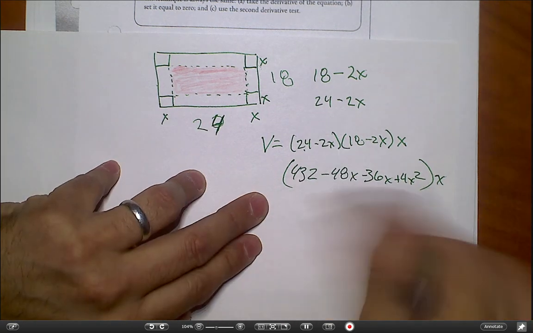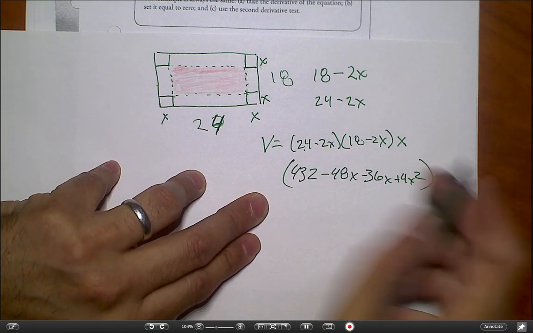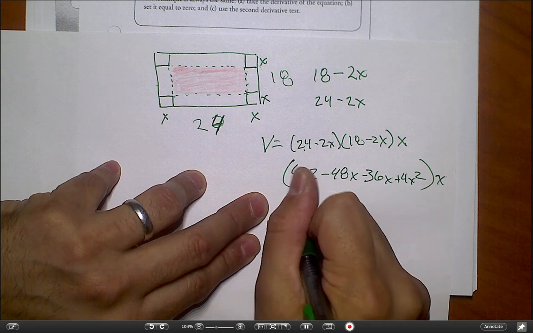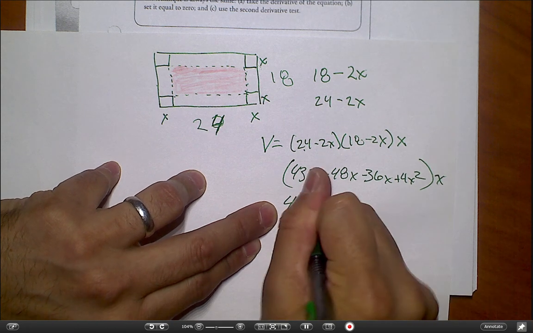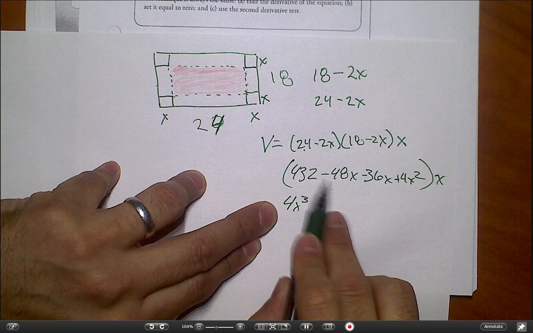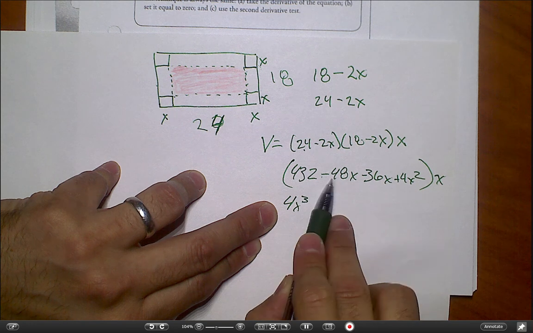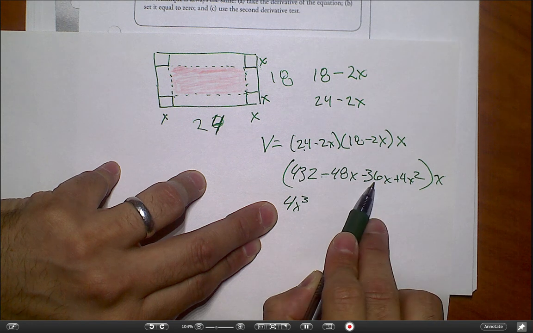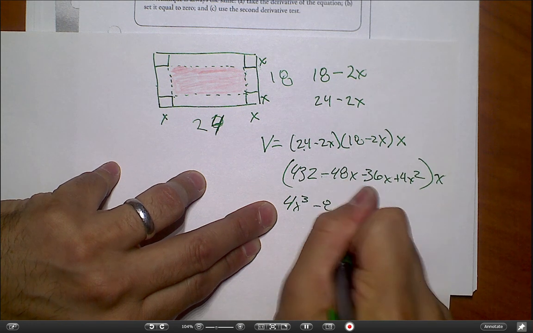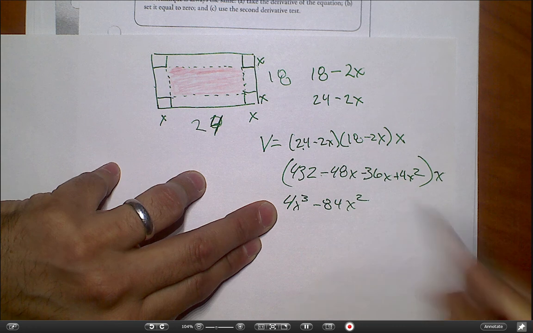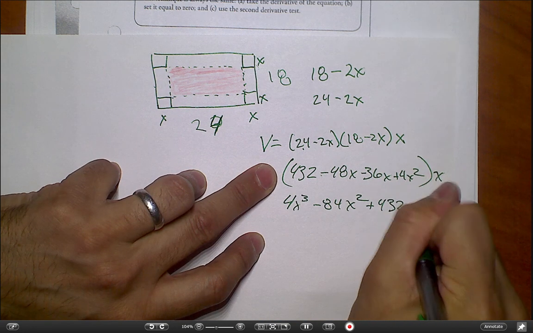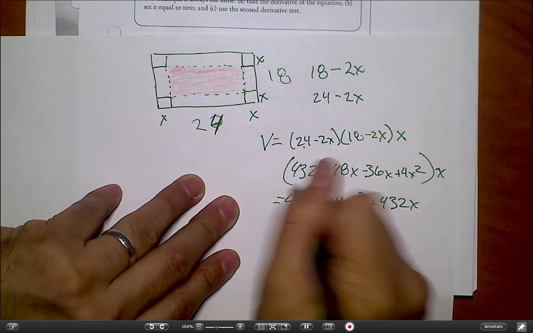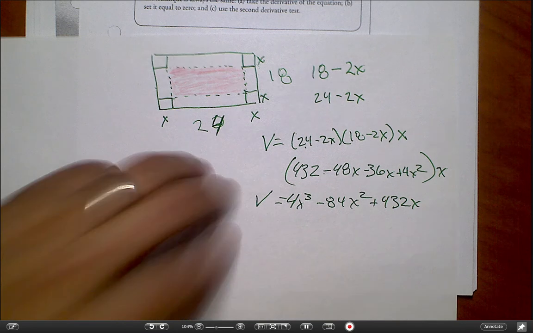So let's combine like terms. I'm going to have 4x cubed minus 84x squared plus 432x. That's the equation for my volume.